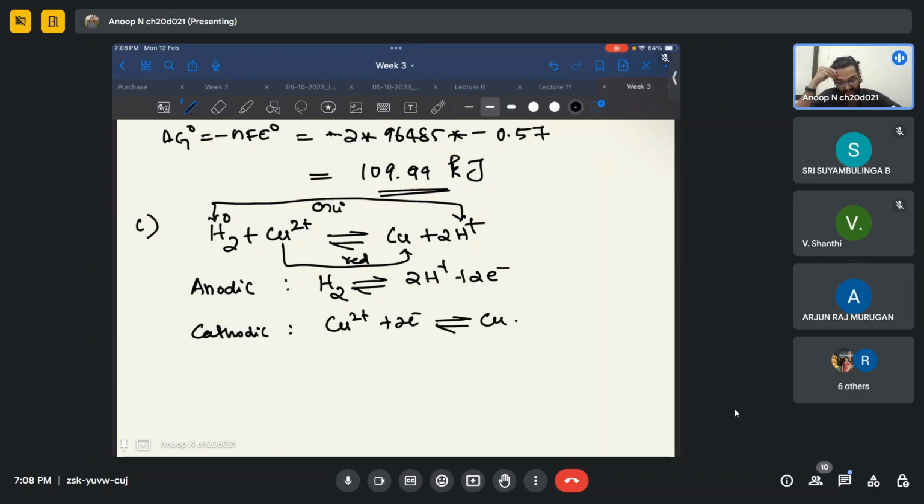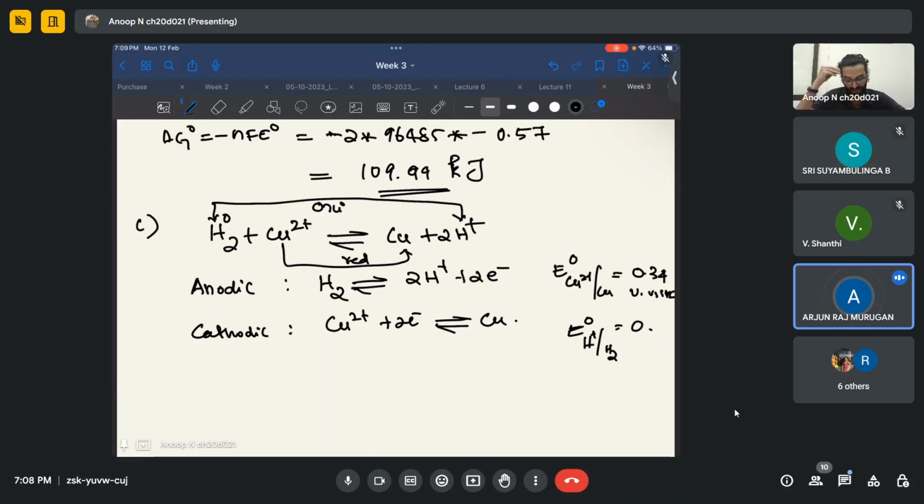Yeah. So E0 values you all know, right? E0 for Cu2+ bar Cu. What is that value? 0.34 volt versus SHE. For hydrogen, what is the value? H+ bar H2. Yeah. Is 0. So can you calculate delta G?